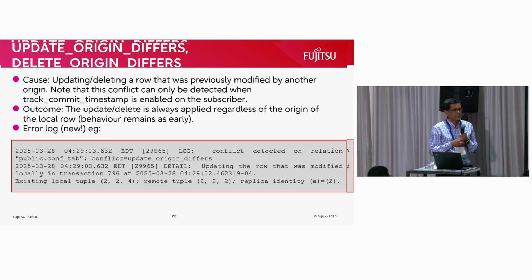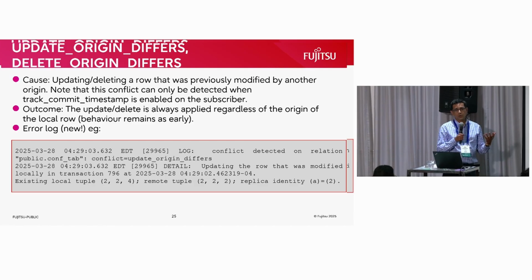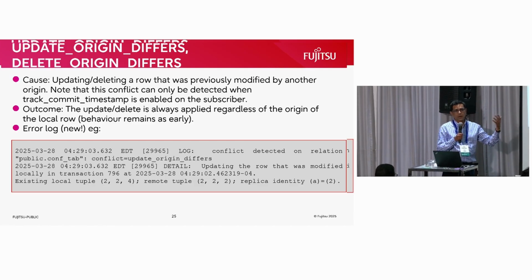You need to make sure that the row being updated was not previously inserted or updated by another origin. So there's a difference in the origin that initiated that row. For that, there's this GUC parameter called track commit timestamp, which stores the origin where each transaction originated from, and using that we can find out whether the row being updated was previously updated by a different node.